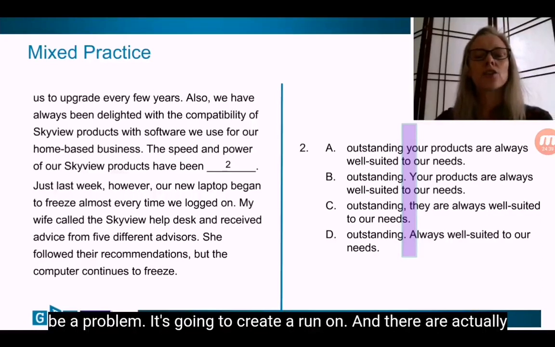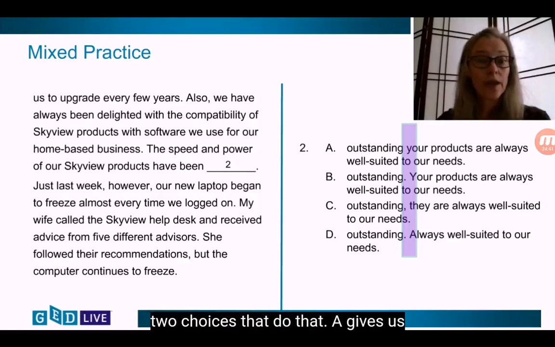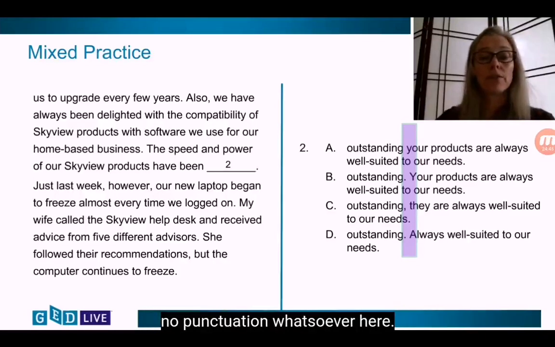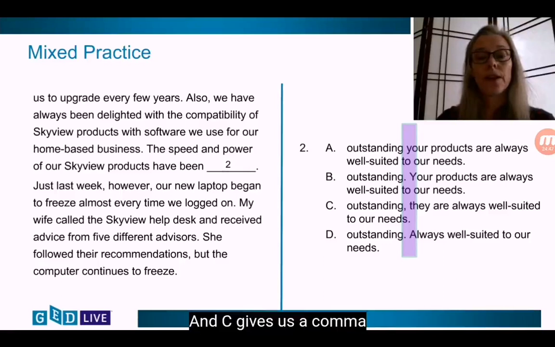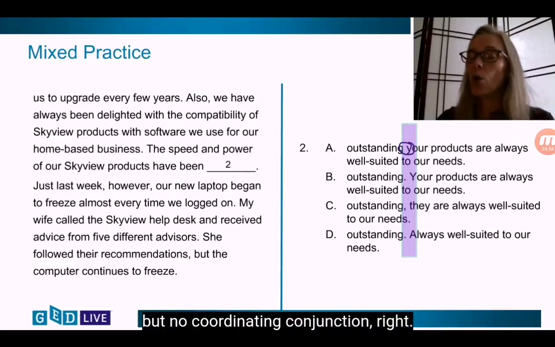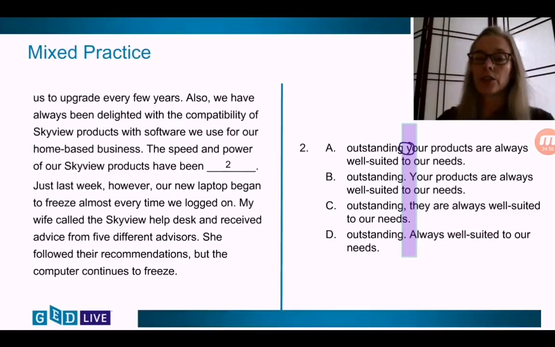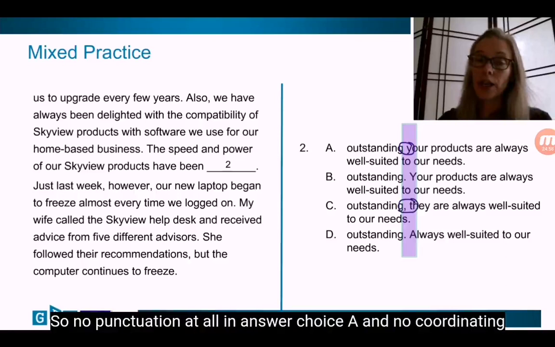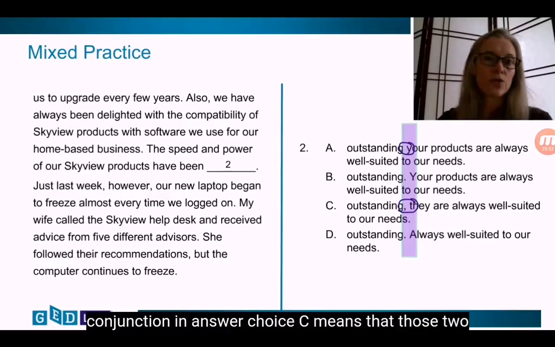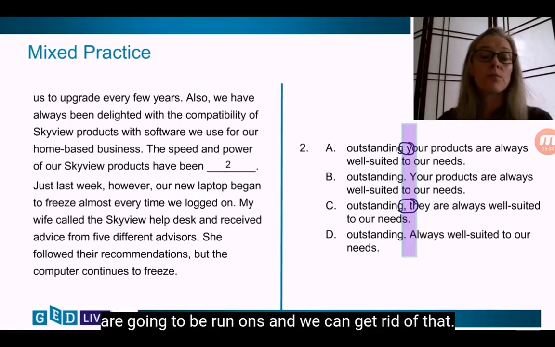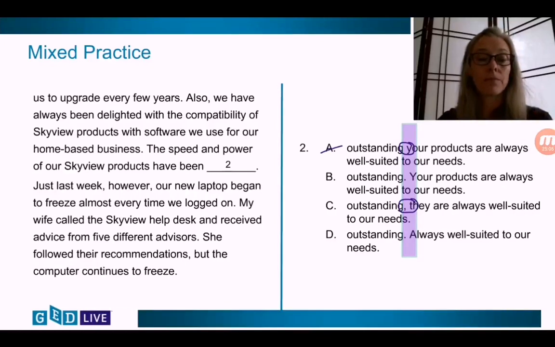And there are actually two choices that do that, right? A gives us no punctuation whatsoever here, and C gives us a comma, but no coordinating conjunction. So no punctuation at all in answer choice A, and no coordinating conjunction in answer choice C means that those two are going to be run-ons and we can get rid of them.